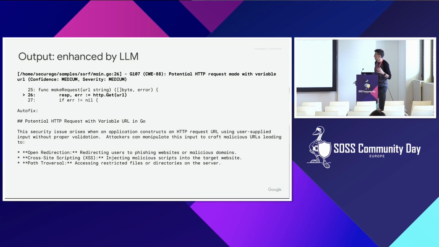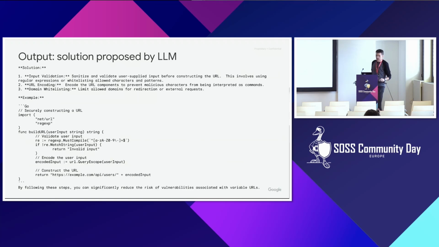With a simple prompt, we send this to an LLM, and this is what we get back. So we get more context. It's not ideal, but we see that it's more consumable for a developer, who does not need to go back to a security engineer or go somewhere to understand what the issue is.